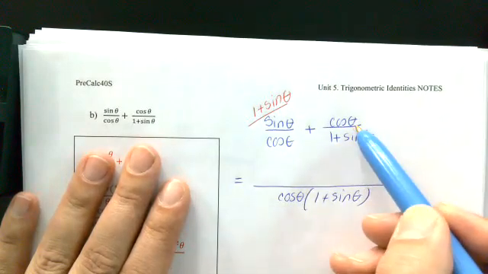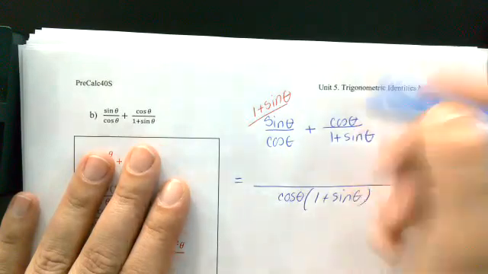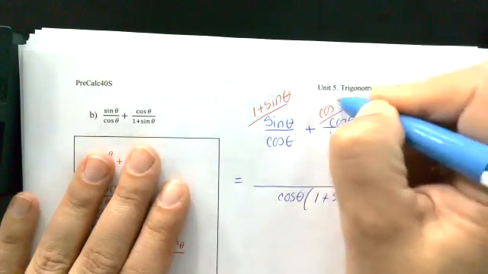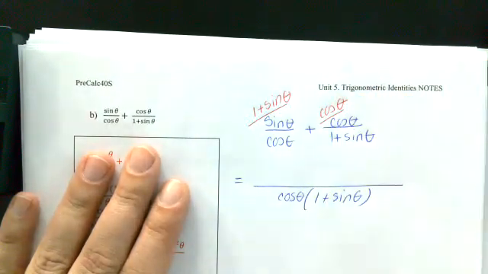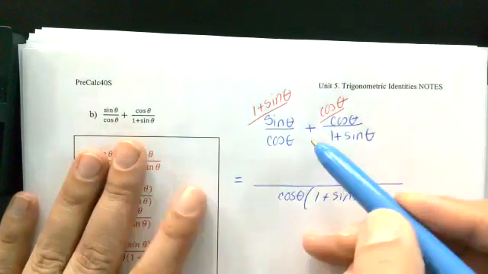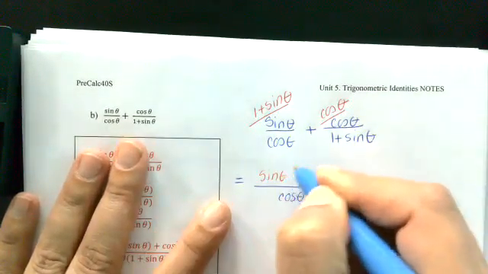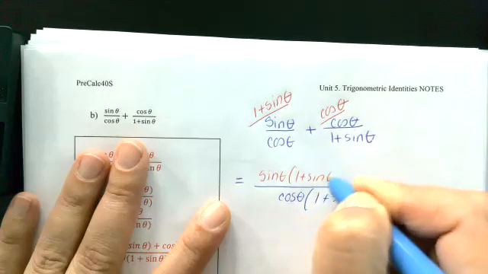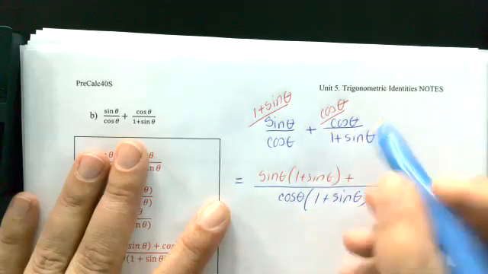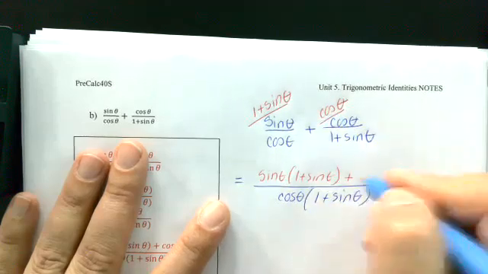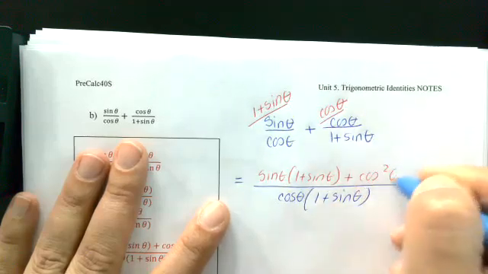And the other one, cosine. All good? And then we just write sine of theta, 1 plus sine of theta, plus cos of theta squared, so cos squared theta.